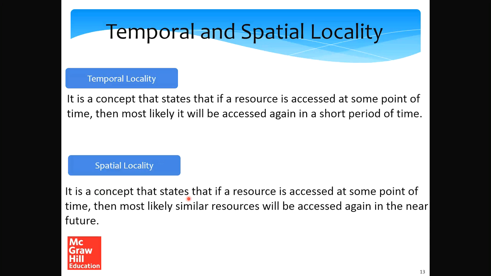It is a concept that states that if a resource is accessed at some point of time, then most likely similar resources will be accessed again in the near future. We discussed spatial locality in the context of a kitchen. Let's say I am cooking and I decided to make a curry.